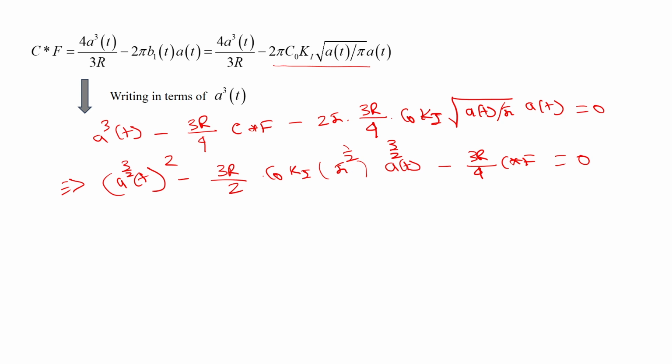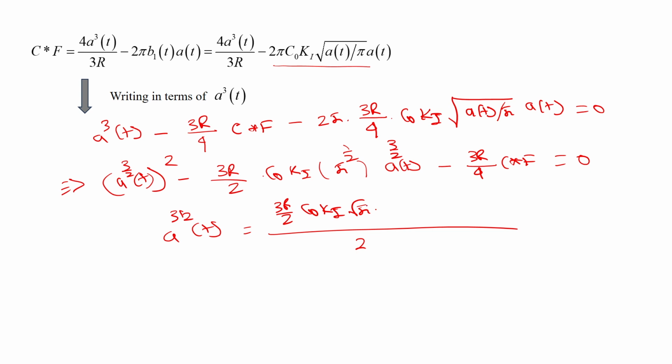So now I can obtain this A to the power 3 by 2 as a function of time. So the solution we can obtain will be equal to, 2 here, and this is 3R by 2 C0 Ki and square root of pi here.